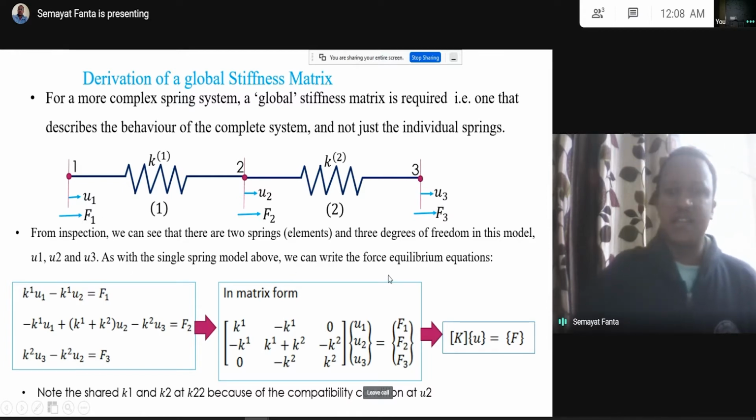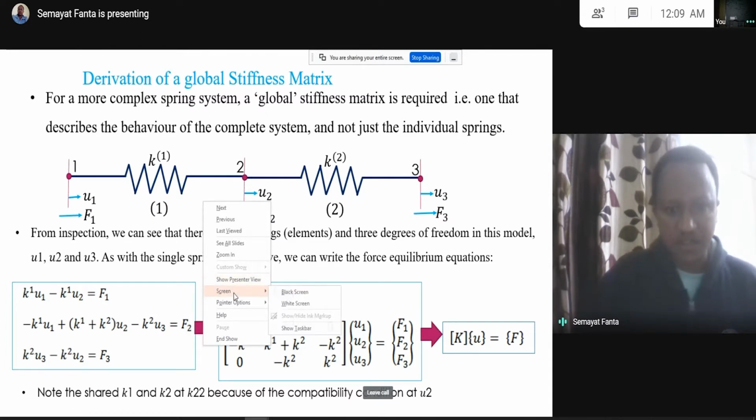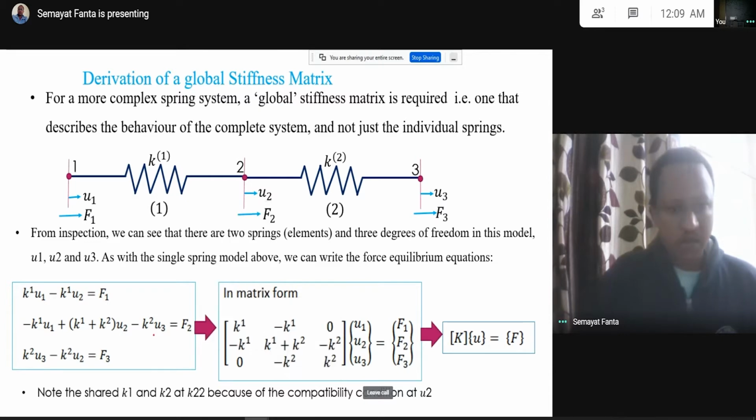Then we can apply the static equilibrium equation for each of them. For example, for the first one, we have this equation with this portion of the equation. And for the second, this portion of the equation. I can show it with the screen pointer pen.